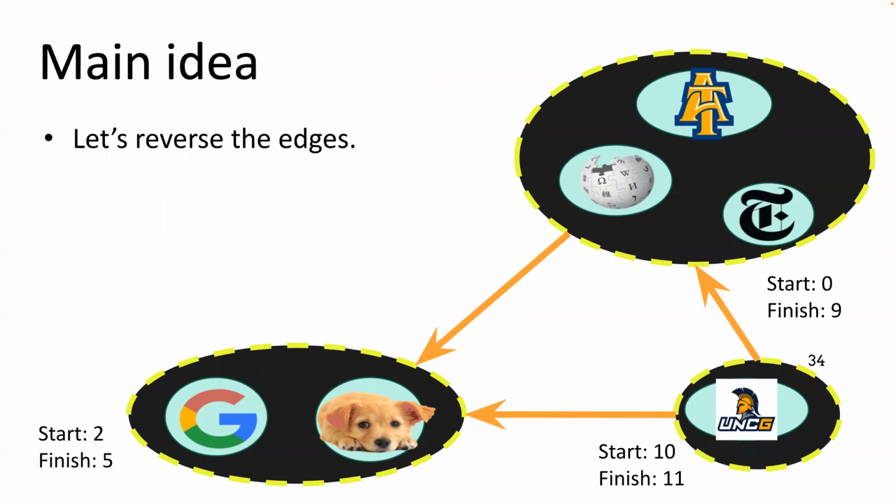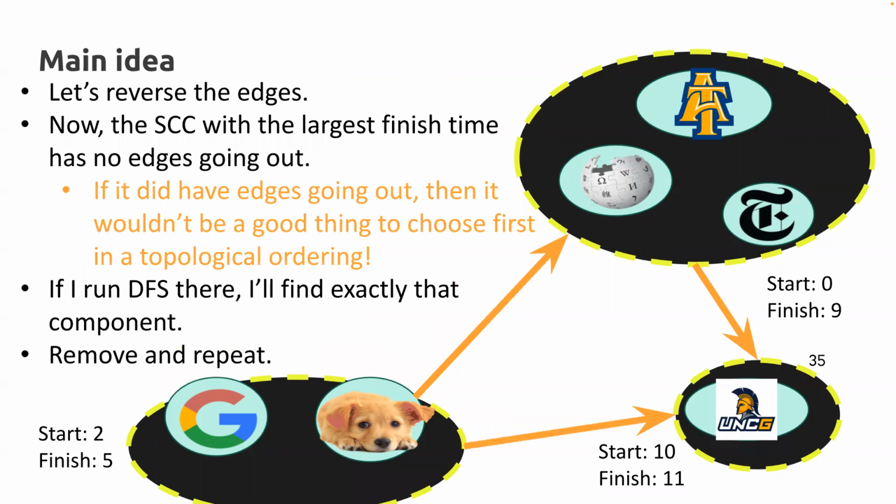So the main idea is, well, let's reverse the edges. What does that mean? That means that the strongly connected component with the largest finish time has no edges going out, because it had no edges going in to begin with, and then I reversed them.